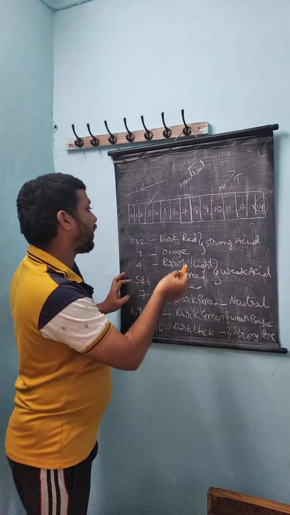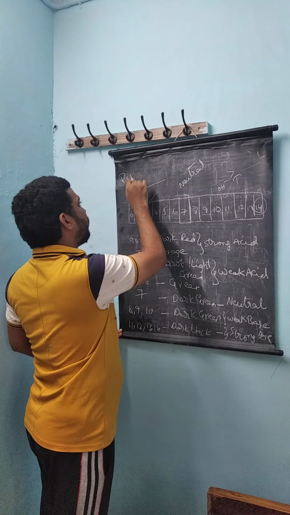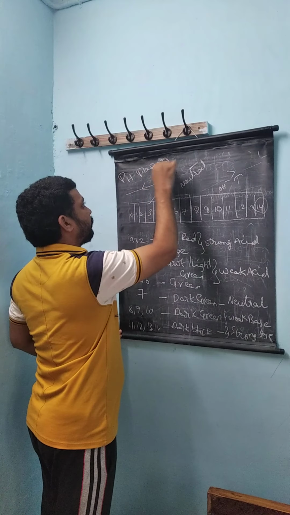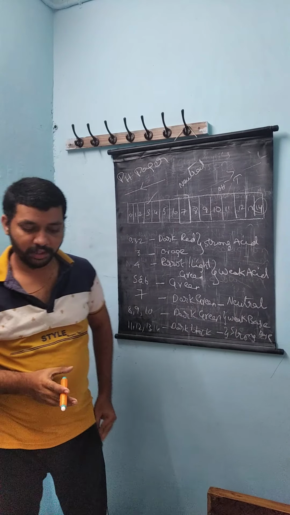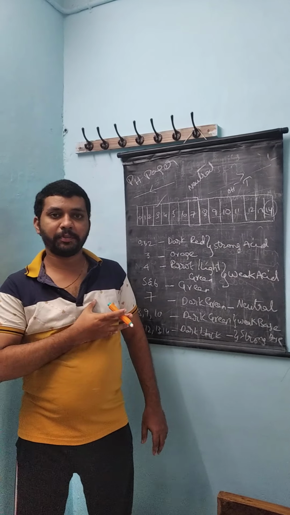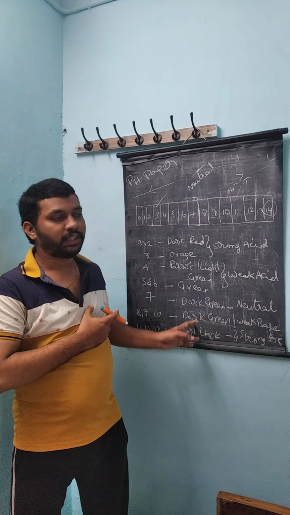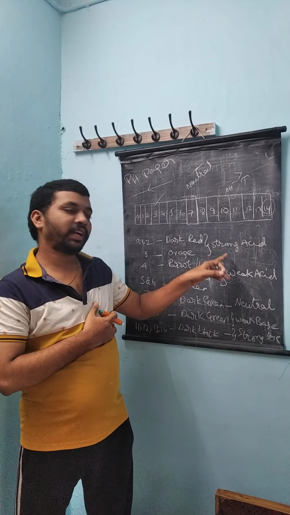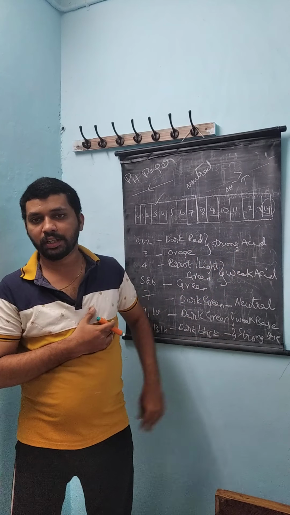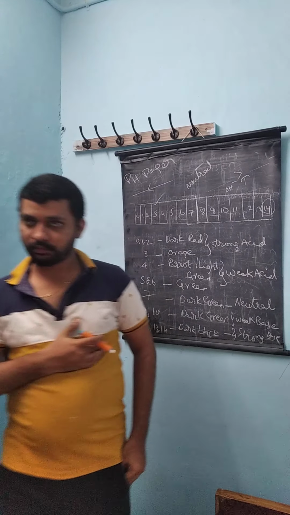The colors are identified depending upon pH paper. Like we have litmus paper, pH paper indicates the change of color, and depending upon the color we can identify whether it is a strong acid or a weak acid.